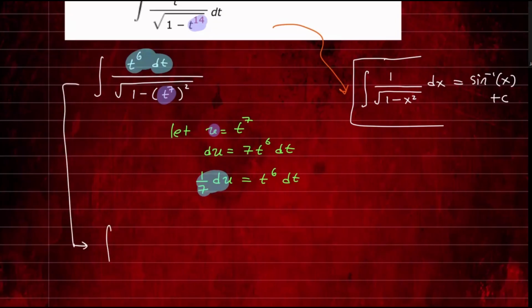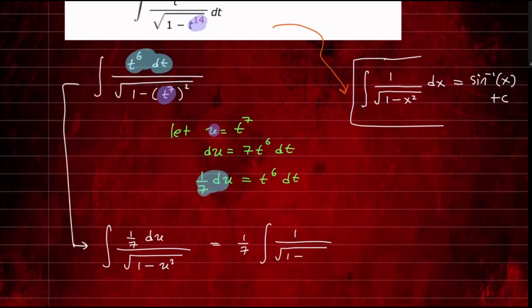We have the integral of 1/7 du over the square root of 1 minus u squared. Pull out the 1/7 outside of the integral. So you have the integral of, now you could write the du after, 1 over the square root of 1 minus u squared du. And this is exactly the match we have.